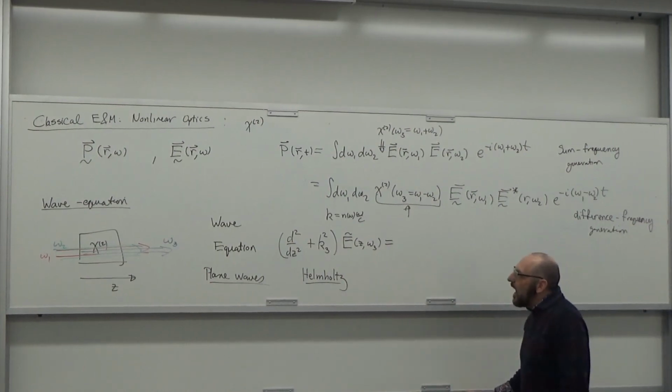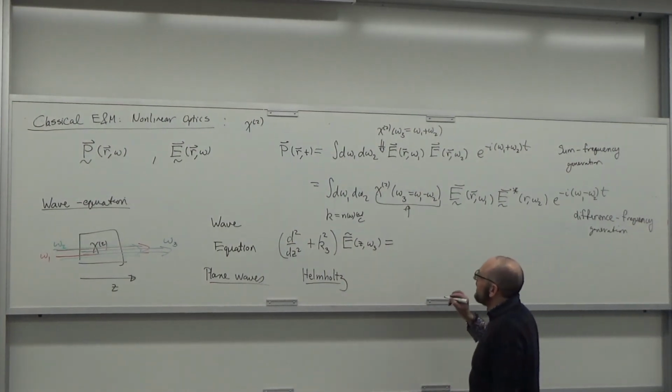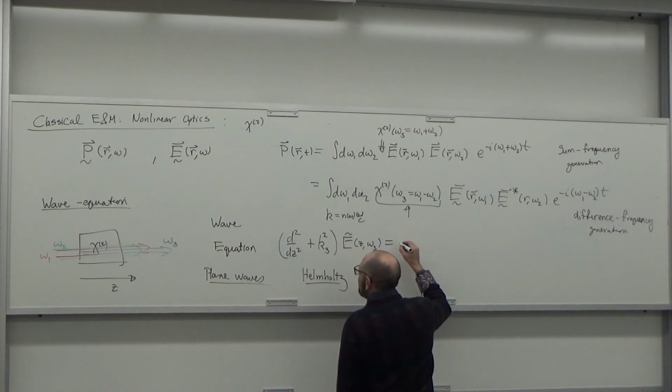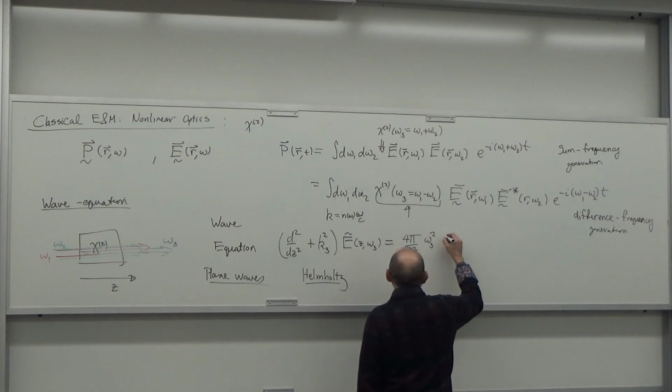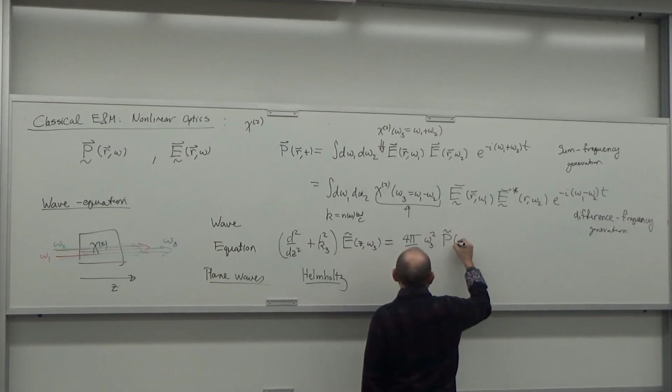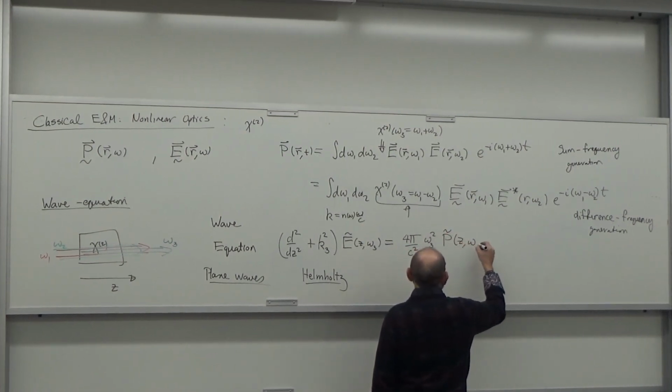That is equal to, in my favorite units, 4 pi over c squared d by dt squared of p, which is omega 3 squared times the polarization density at that frequency.